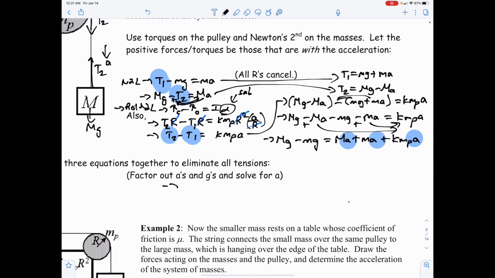So factoring out my a's, I have big Mg minus little mg equals big M plus little m plus K times the mass of the pulley, all times A. Divide by the sum of those masses, and we got it.